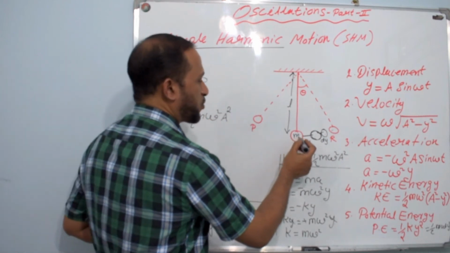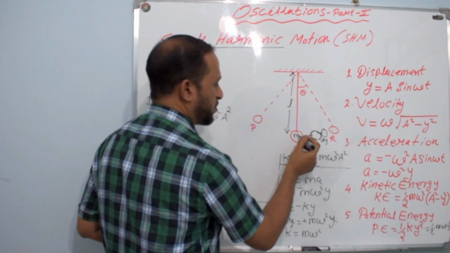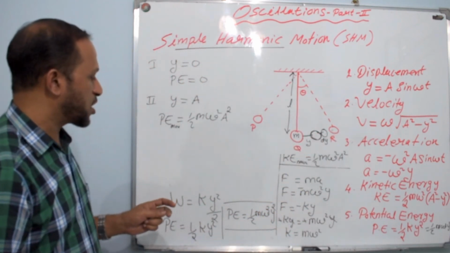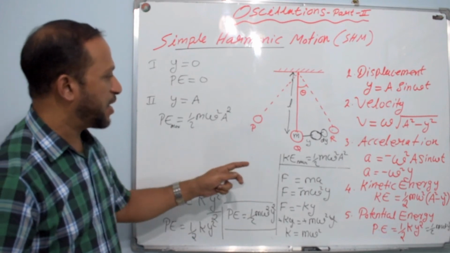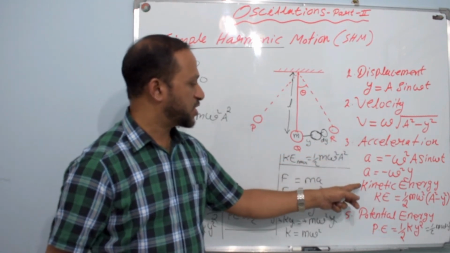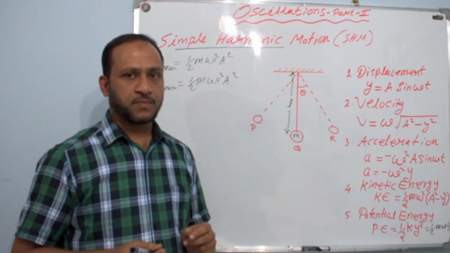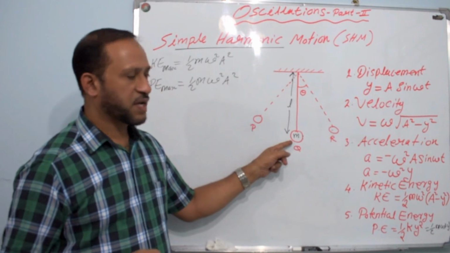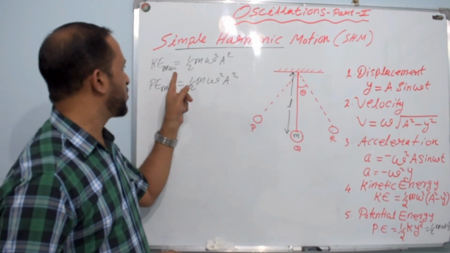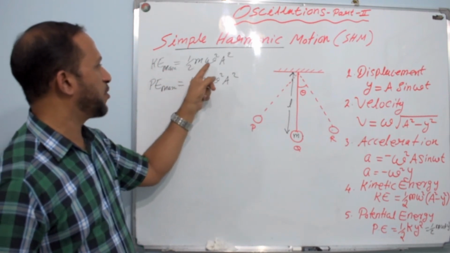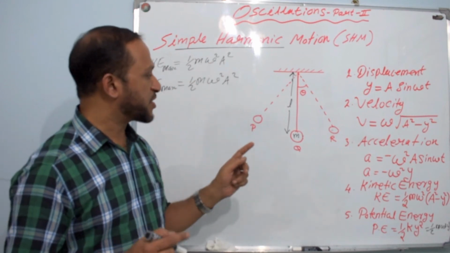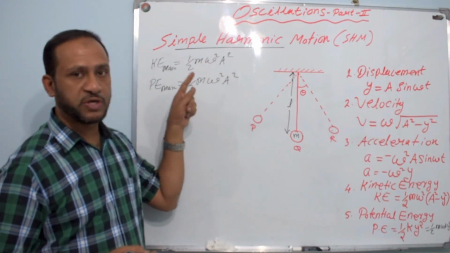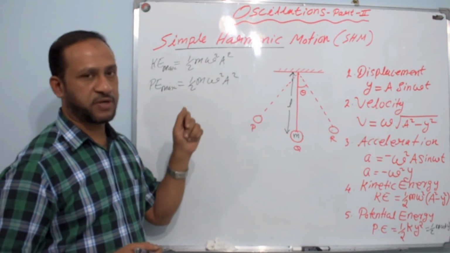In between extreme position and mean position, there will be both kinetic plus potential, and that total energy we can obtain by adding the equation of potential energy and kinetic energy. So what we are seeing here, at the mean position, kinetic energy maximum is half m omega square a square, and at the extreme position, potential energy maximum is also equal to half m omega square a square.